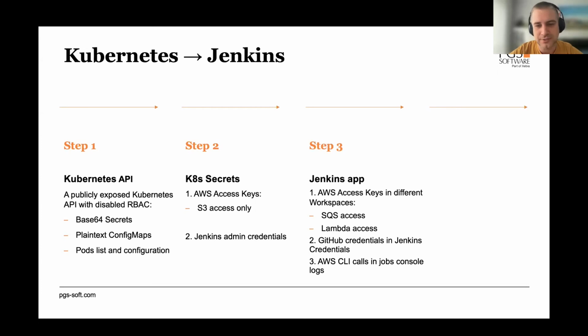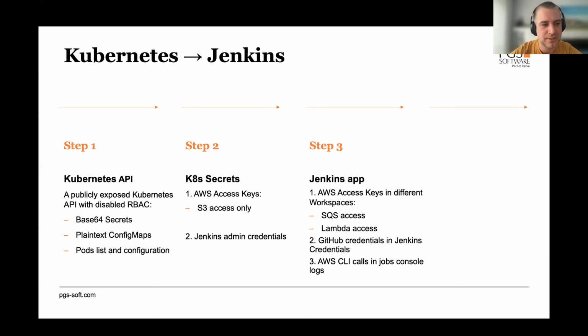So I just forwarded port 8080 to my port 8080 on localhost, and accessing localhost 8080, I saw the Jenkins login page. Using the Jenkins admin login and password, I logged in, and everything in Jenkins was mine. And then I started to dig and try to find what's there. Starting from workspaces.